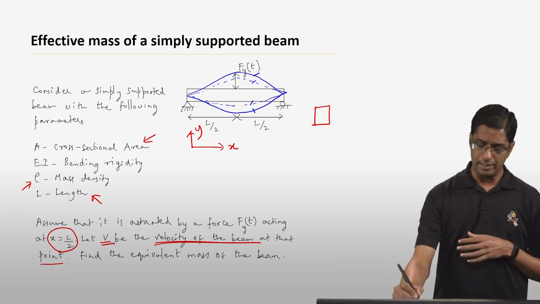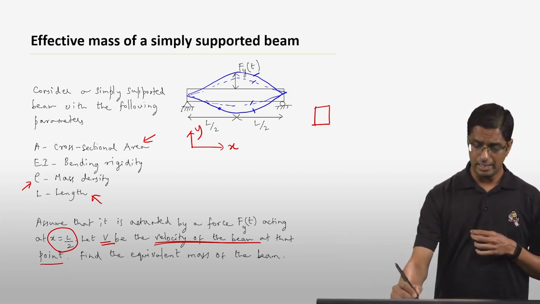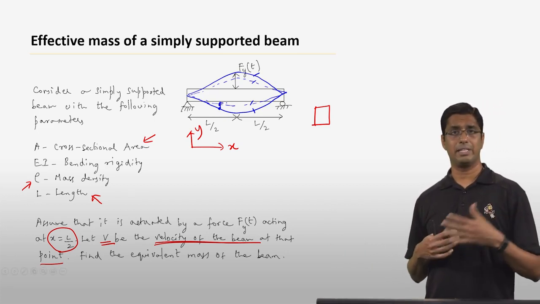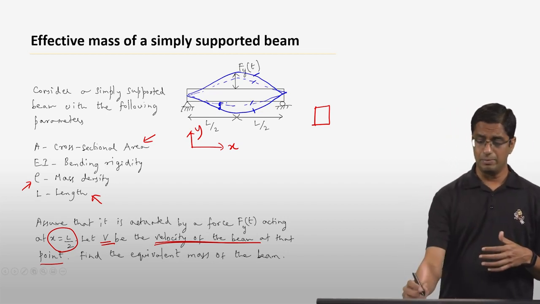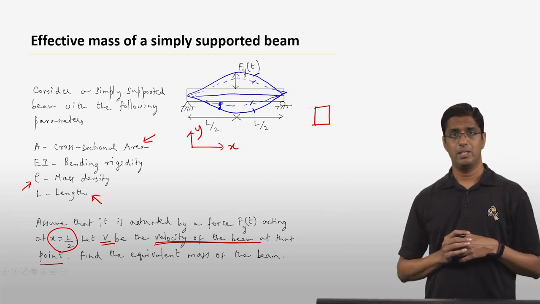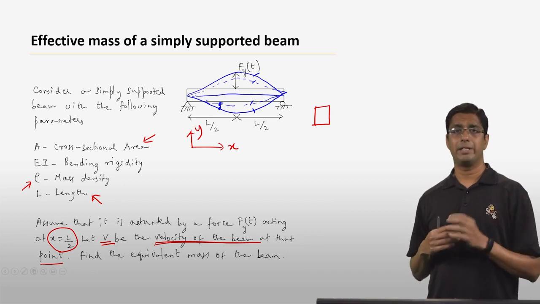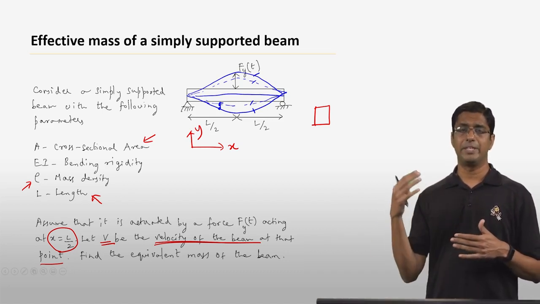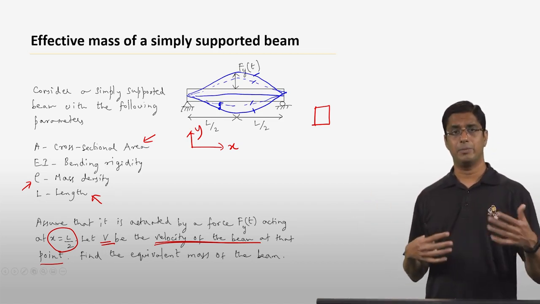And at each point, there is going to be a velocity of every point along the x-axis in the y direction. Sometimes it might be 0 when it is at the extremes, and it's going to be maximum when the beam is at the neutral position. So y of x is the displacement at any point in the beam as a function of x, and y dot of x, the derivative of y with respect to time, is essentially the velocity of that point in the y direction.